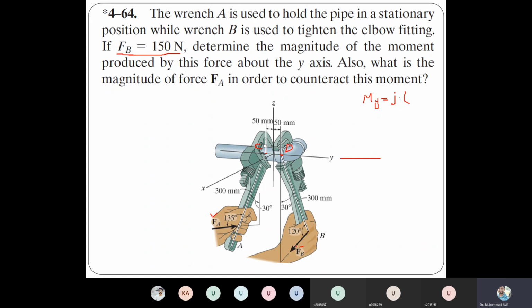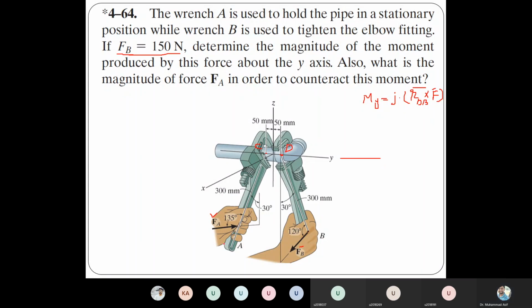If we can convert them, then the problem is very simple. Then we need the moment arm dB cross F, and simply you can calculate the value of My.